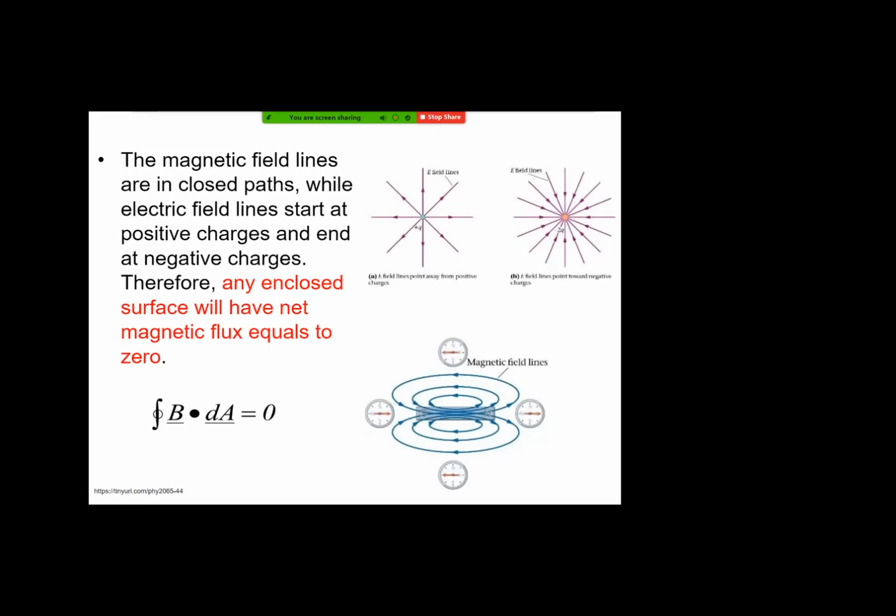So if you integrate the B field through a closed surface, it gives you 0. On the other hand, for Gauss's law on the electric field lines, you'll get the charge, if the surface encloses any charge. Okay.